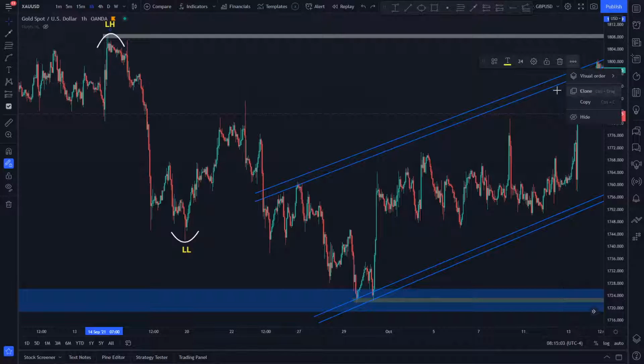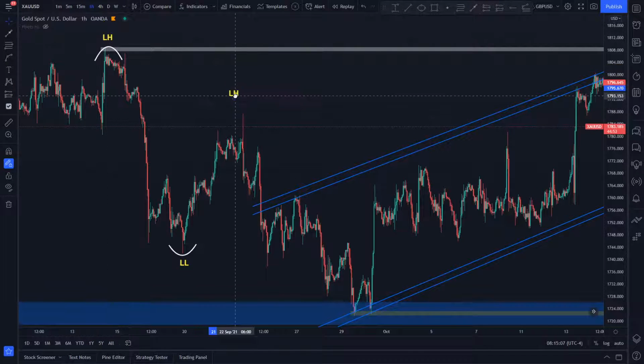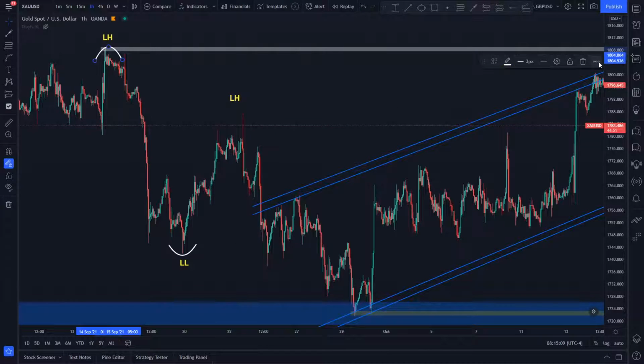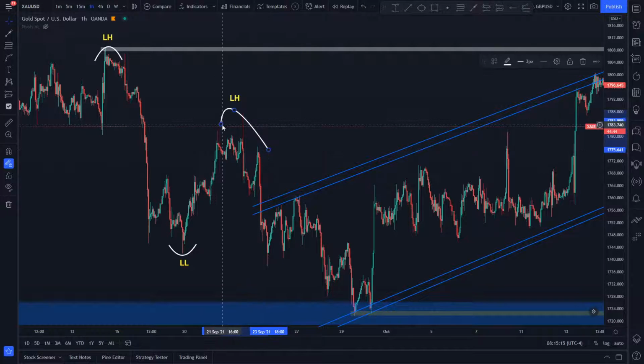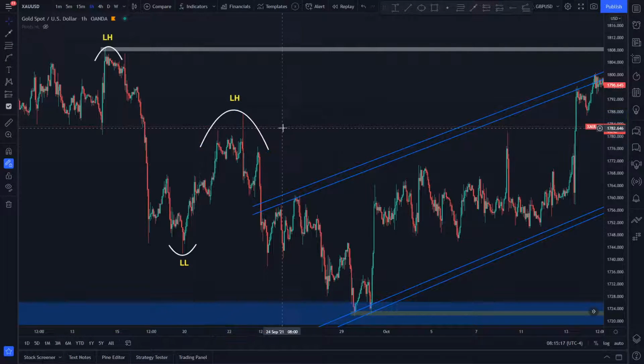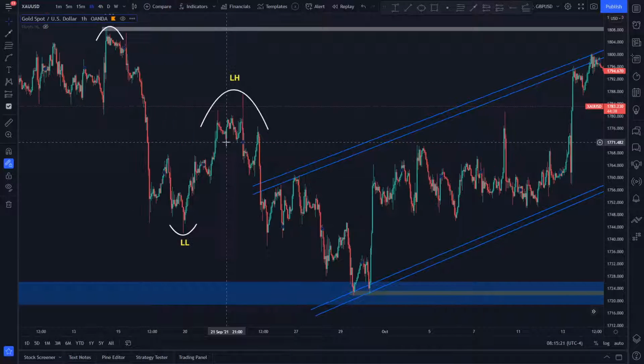So we only want to be sell biased, right? And the biggest mistake that traders make is they don't understand this concept. They will see gold going extremely bullish, and I'm sure you've been in a situation where you think it's a retrace here, right?